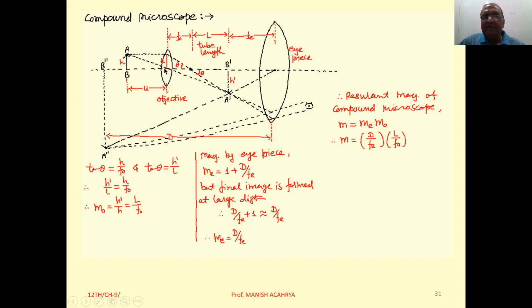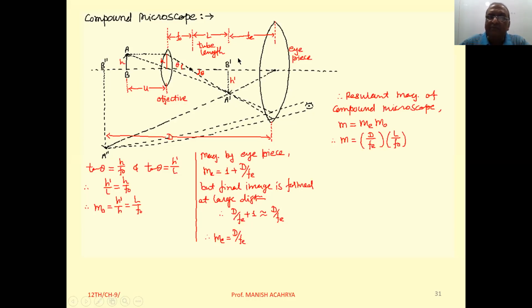Another ray goes through the center of the lens and propagates without deviation. Now the image formation by the objective lens will take place at A dash B dash, this one. Height of the image is h dash.